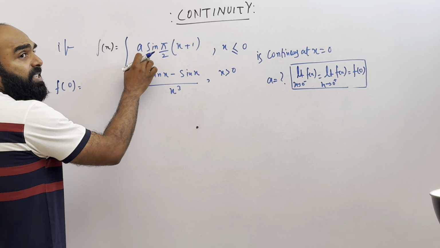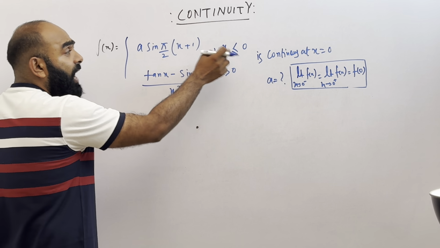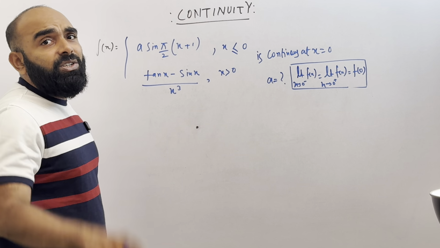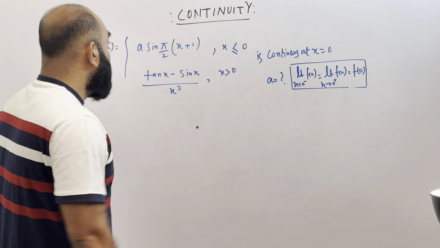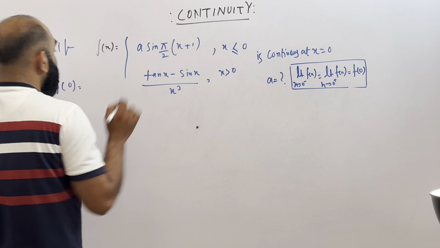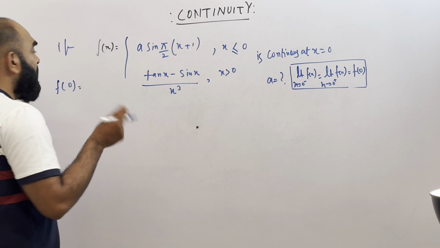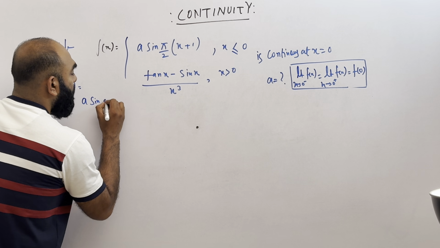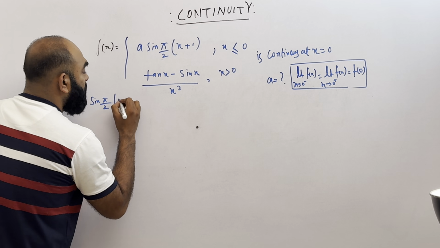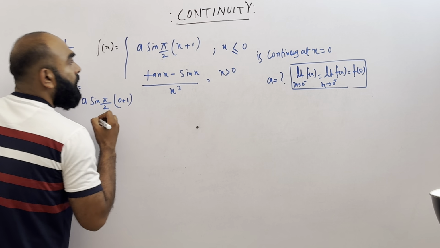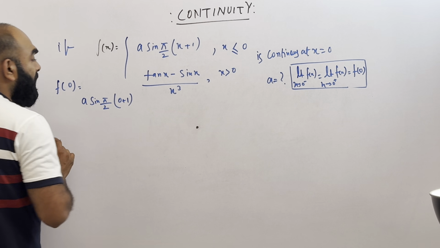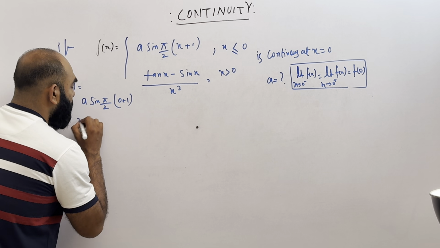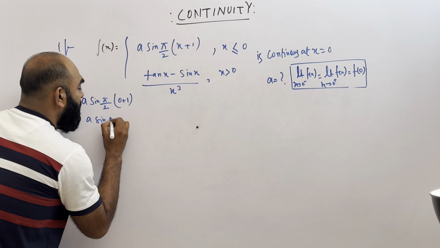Sir, this function is defined for x less than 0 and also equal to 0. So f of 0 means go in the function and in place of x keep 0. So we have a sine pi by 2 into 0 plus 1. 0 plus 1 is 1 only, and sine pi by 2 into 1 becomes a sine pi by 2.